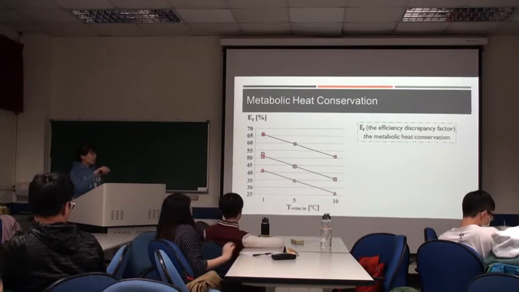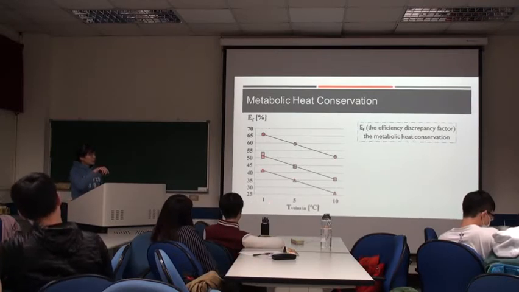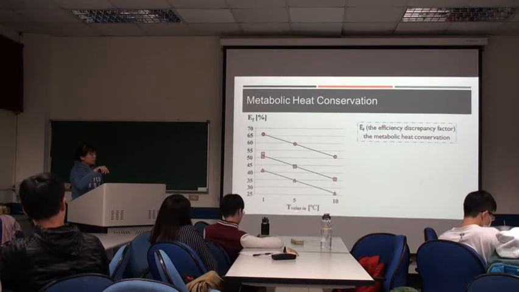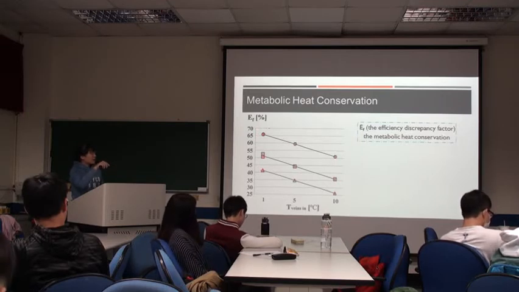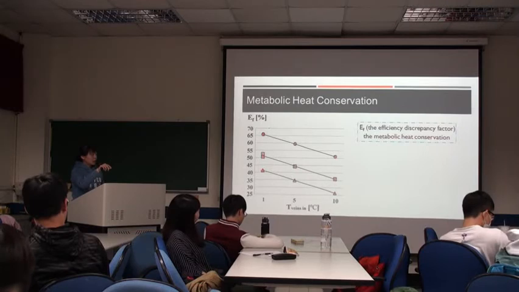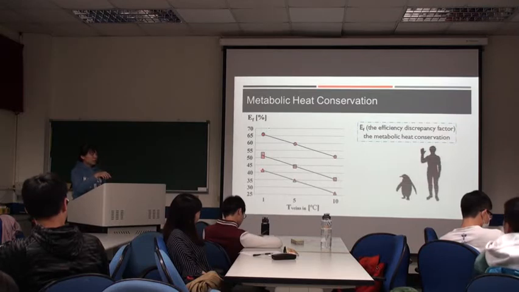And please look at this picture. The x-axis is the temperature of the blood which flows into the veins, and the y-axis is the efficiency discrepancy factor. It is the calculation about the metabolic heat conservation of the penguin and human.